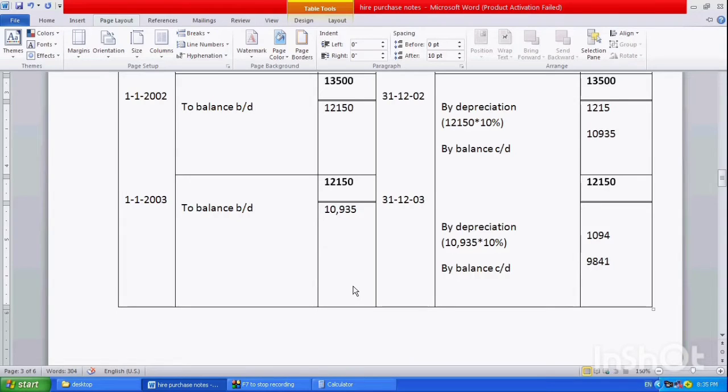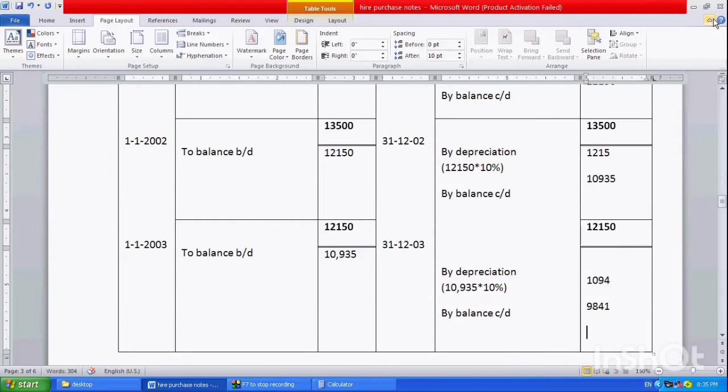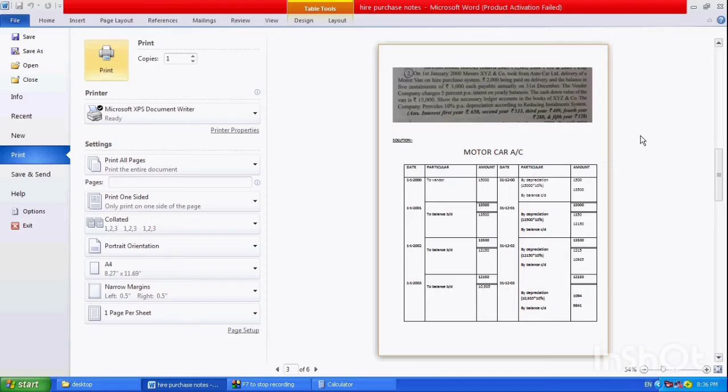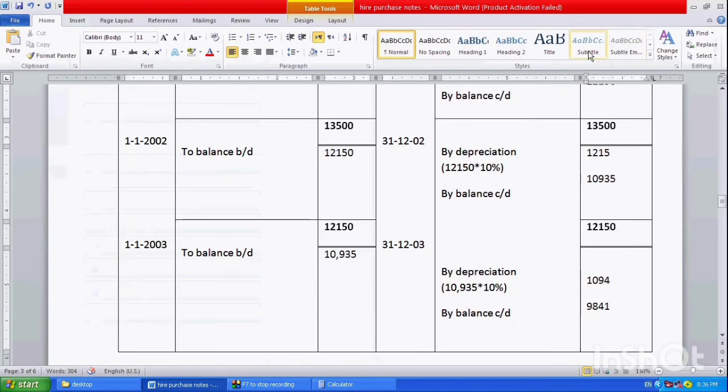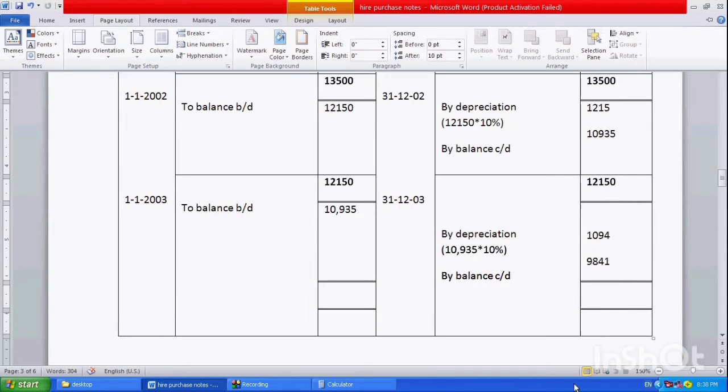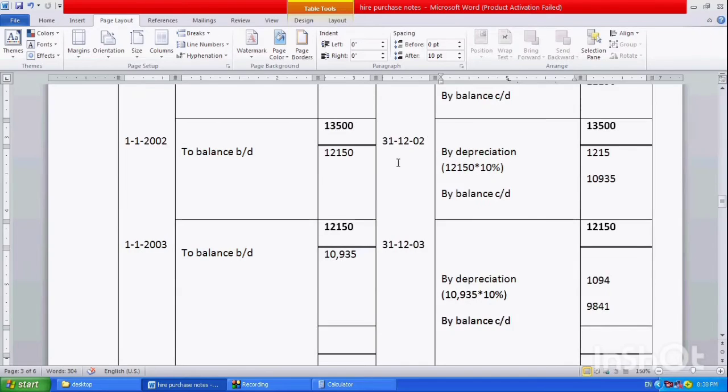So the fourth year is totally over. What we have to do is the final depreciation. The final fifth year depreciation. 1st January 2004 depreciation.